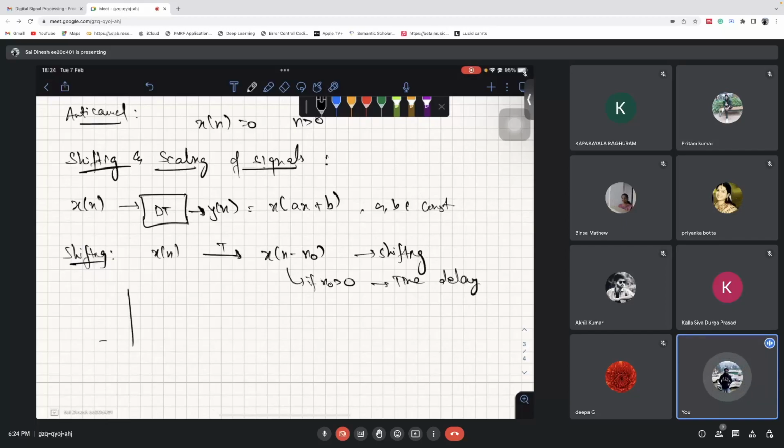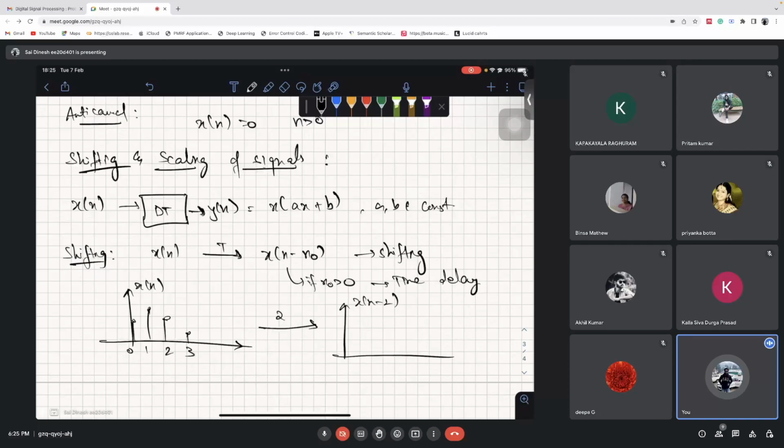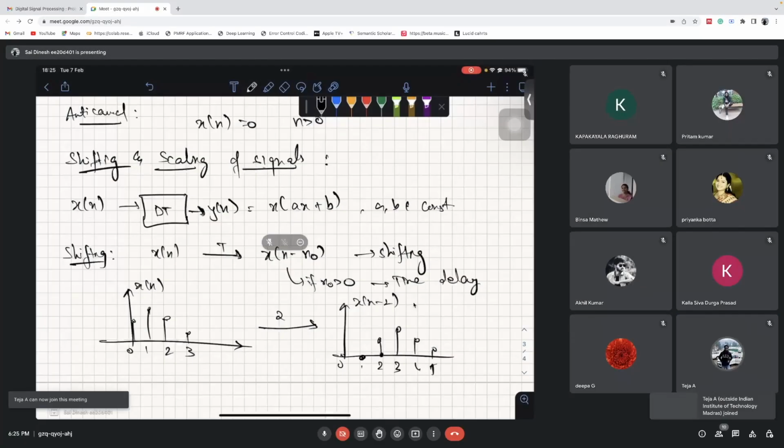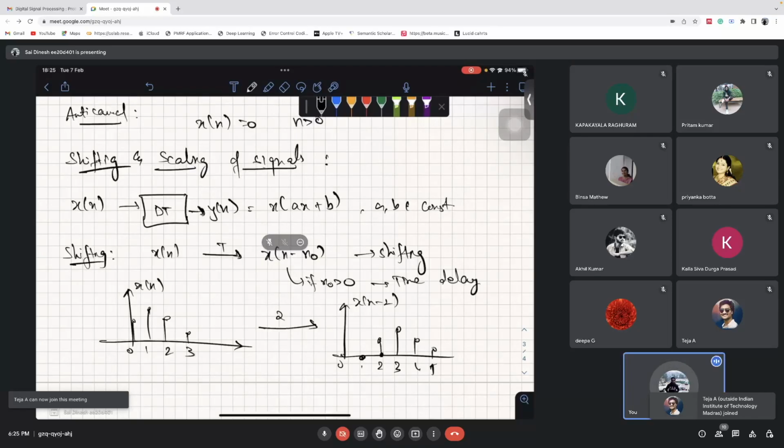Like if we have a signal of this sort, x1 at 0, 1, 2, 3, and then if we delay it by 2 samples, then x of n minus 2 would be starting from 2, right? So 0 and 1 would be zeros, and then starting from 2, 3, 4, 5. So this is a time delay, and if you do x of n plus 2, it will move towards the left side. So this is time shifting, time delay, and time advance that we are talking about here.